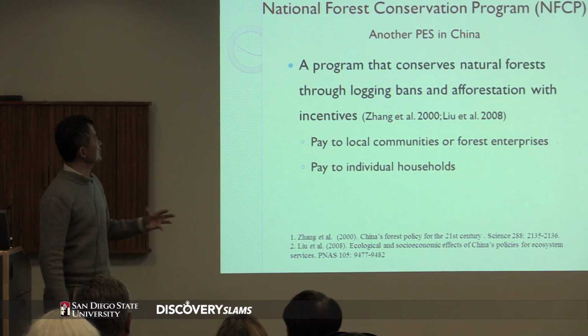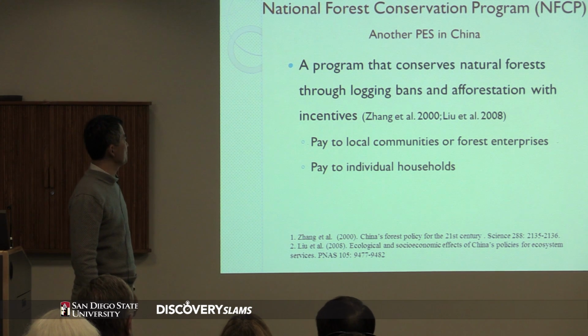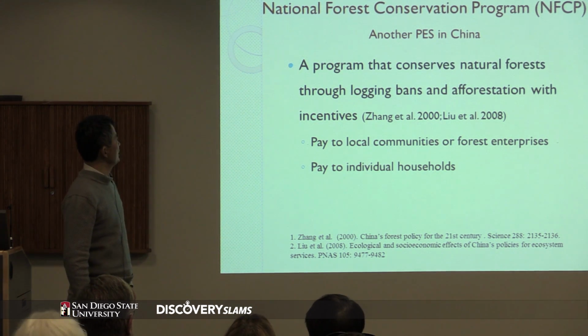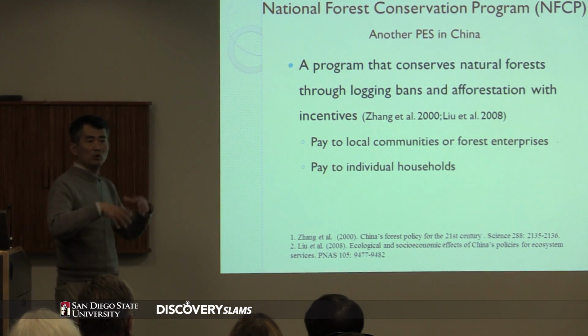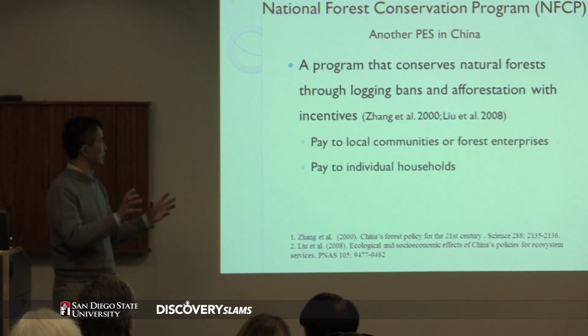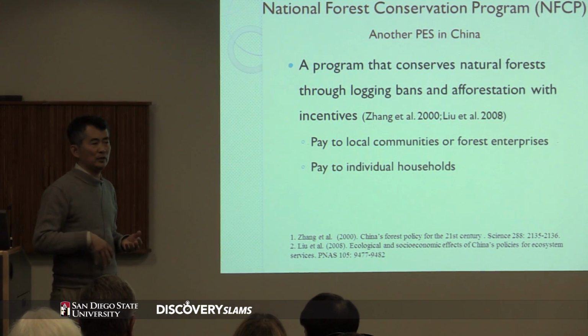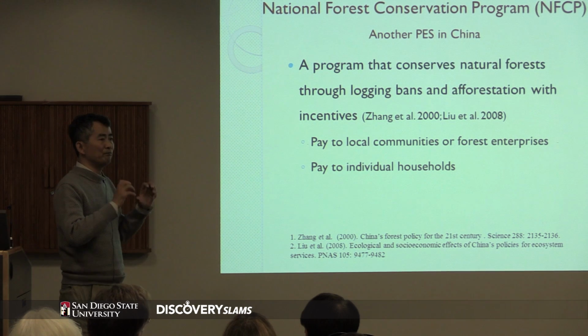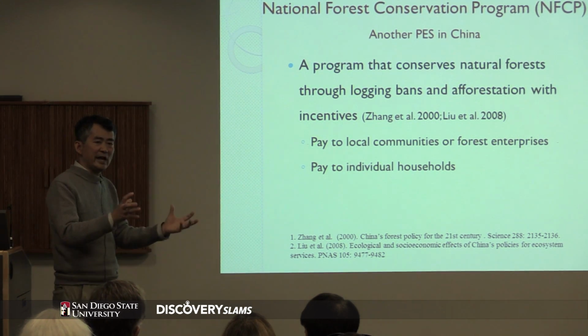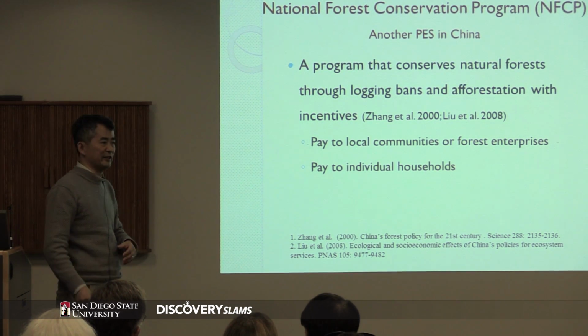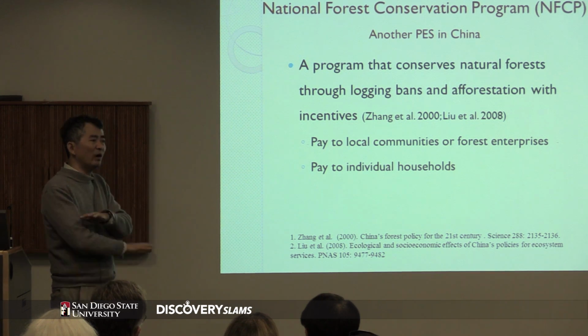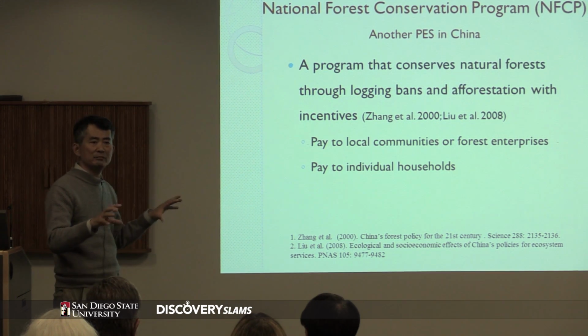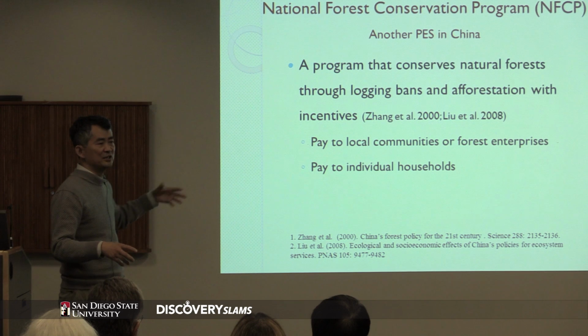At the same time, there's another program, the Natural Forest Conservation Program, which is called NFCP. What this program does is the government pays forest enterprises to patrol and protect the natural forest. For example, they have a logging ban. No one can collect any firewood, timber, and so on from such forest land.